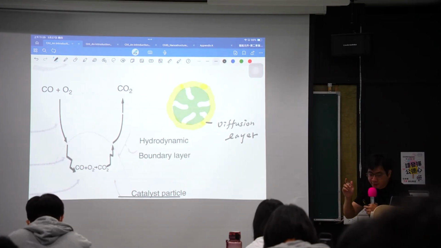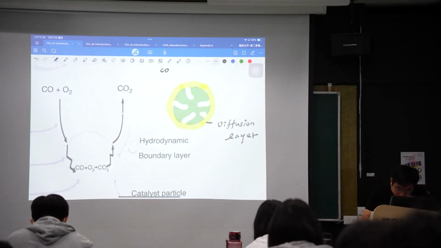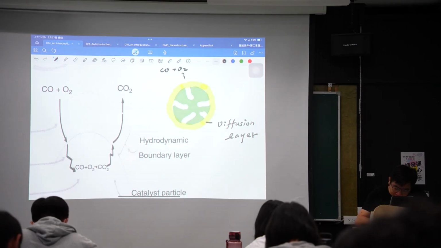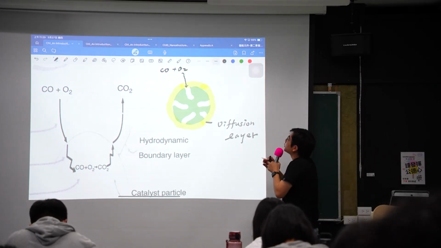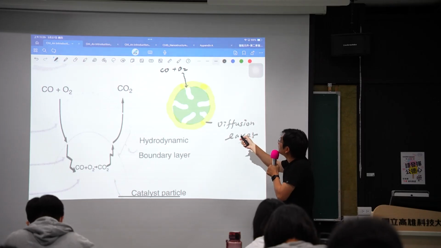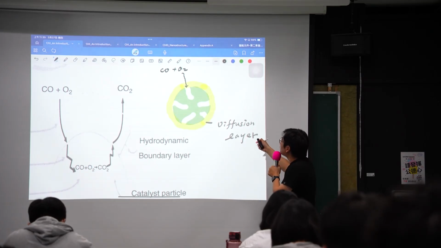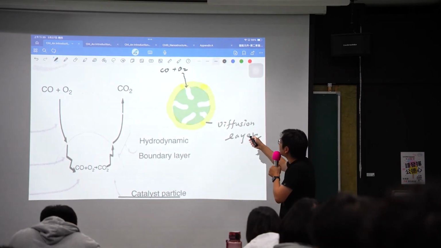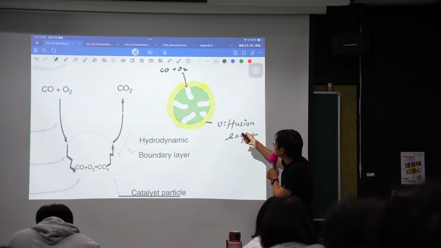So the first step is your CO and O2 have to diffuse from the flow through the diffusion layer.